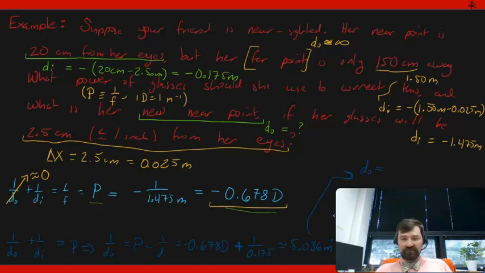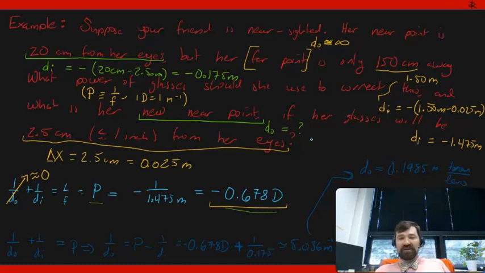And so that means that the new dO, if I invert it, the new object distance that will be imaged 20 centimeters away is 0.1985 meters from the lens. But we want to know how far from the eye that is, so we have to add another 0.025 meters, because remember that the glasses are some distance from the eye.